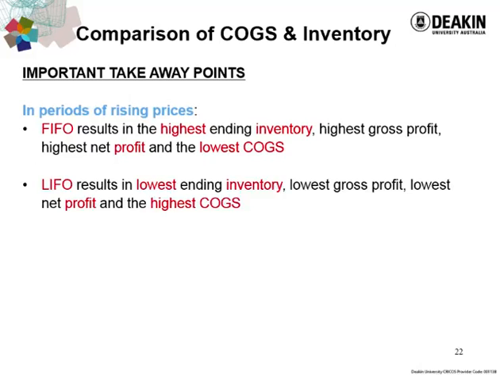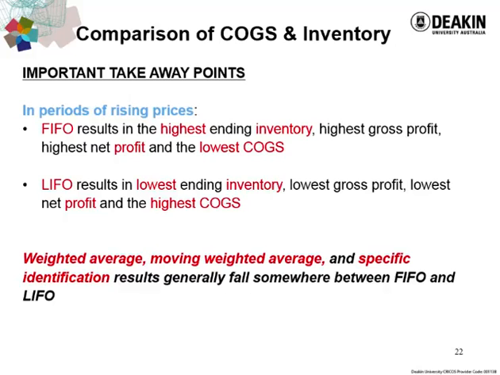On the other hand, LIFO will have the lowest closing inventory, which fails to reflect the current value of the inventory. It also has the lowest gross profit and net profit with potential tax savings, and finally it has the highest cost of goods sold. And the other cost flow assumptions will usually give you figures that fall somewhere between FIFO and LIFO.